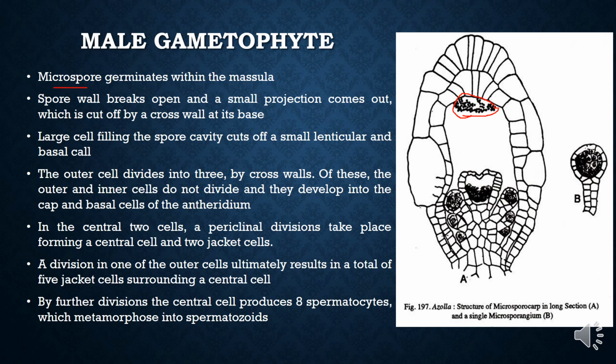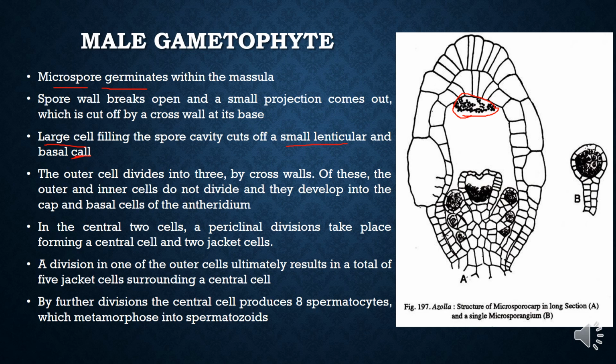When a microspore is ready to germinate, the exine dehisces and the intine, along with the content, forms a germ tube. By the first division, a very large cell and a very small lenticular cell are produced. The small lenticular cell divides and redivides and ultimately forms the antheridia, which produces the sperm.